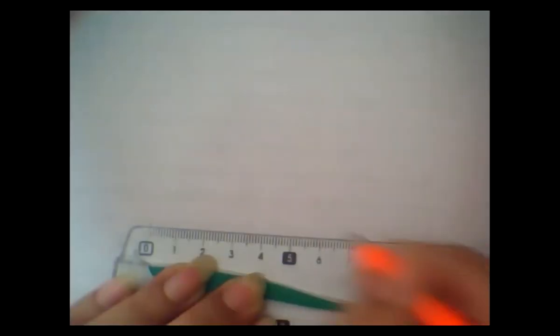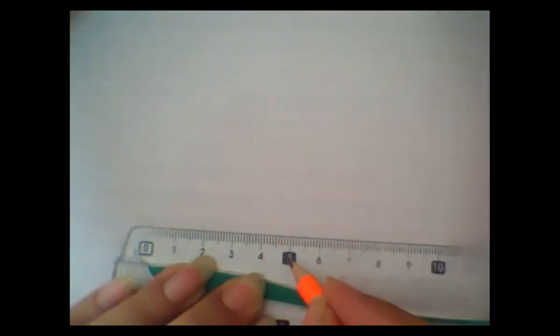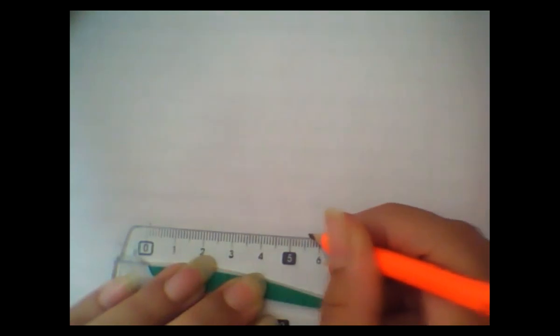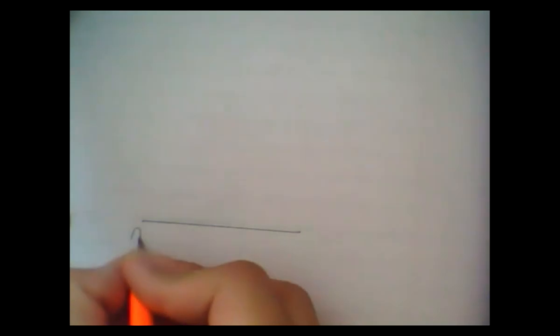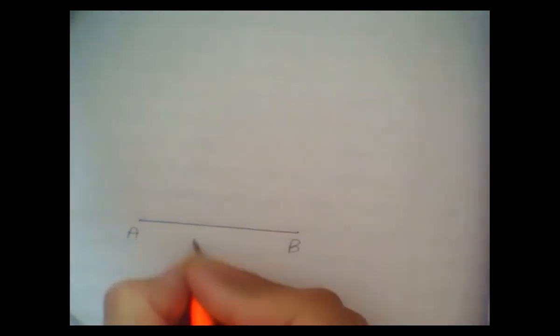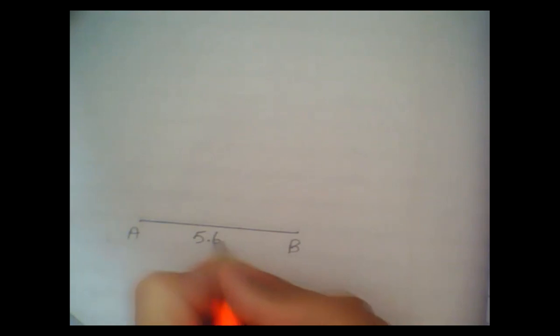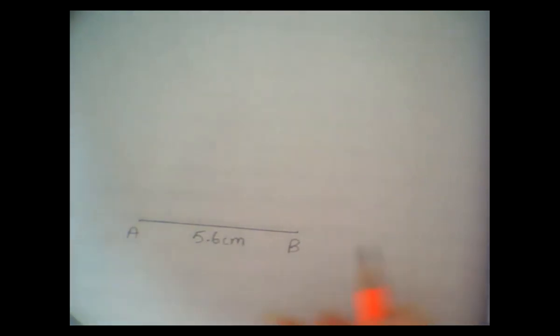From 0 till 5.6: 5 is there, then 5.1, 5.2, 5.3, 5.4, 5.5, and after 5.5 there is 5.6, right? So draw a line segment of 5.6 centimeter. Write down AB is equal to 5.6 centimeter.